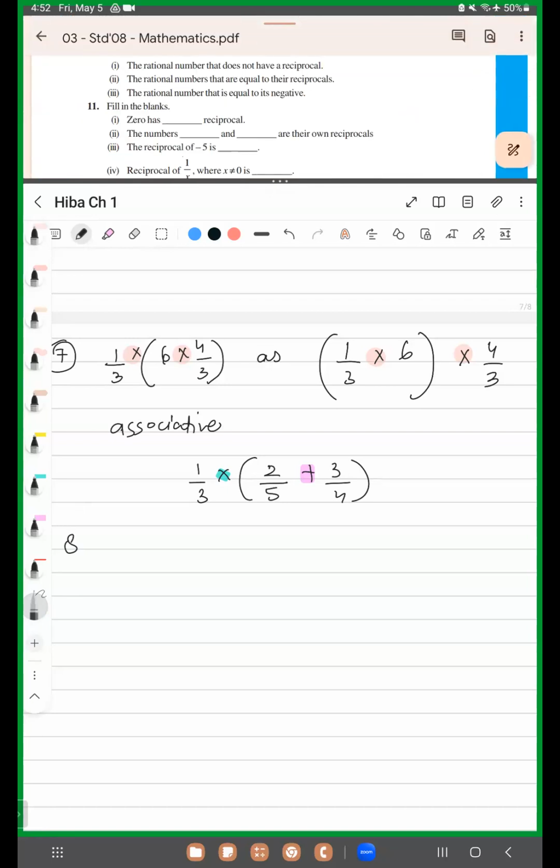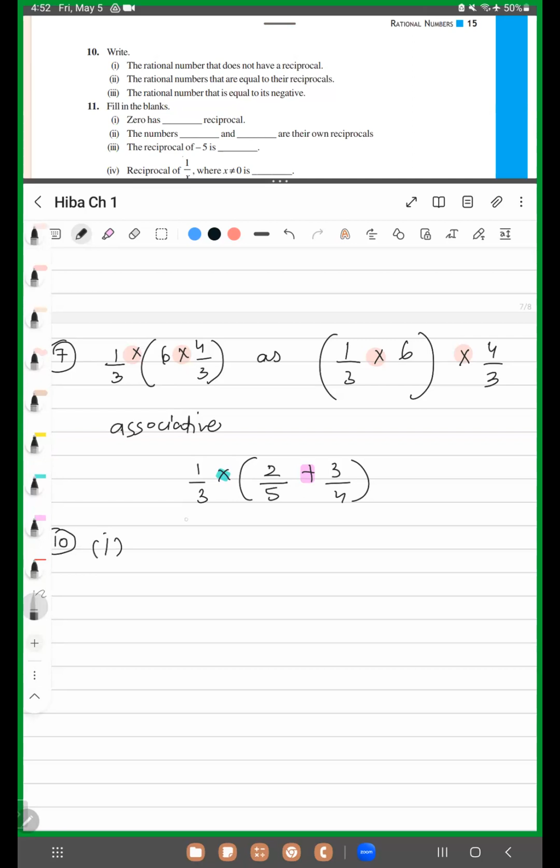Rational number. Name a rational number that does not have a reciprocal. We talked about this yesterday. I know it is 0. It doesn't have a reciprocal because it is undefined.